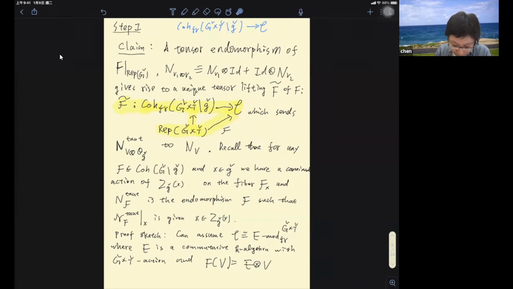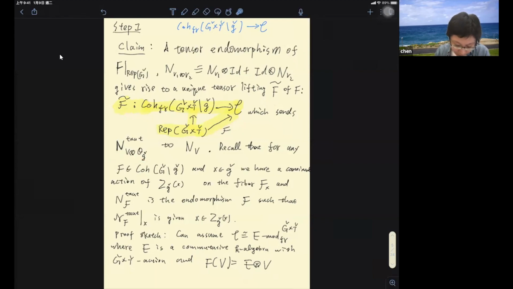So there will be a lifting of our functor F. And moreover, this functor satisfies the following fact. It will send a certain so-called tautological endomorphism of the source category to the tensor endomorphism. So that's the claim. Let me first explain what this tautological endomorphism is.